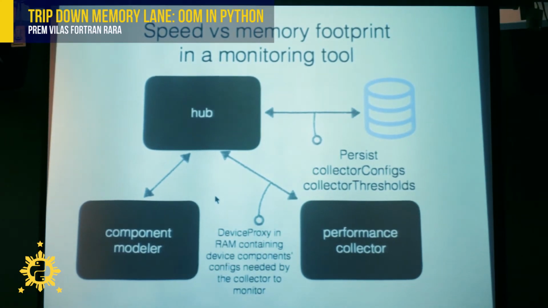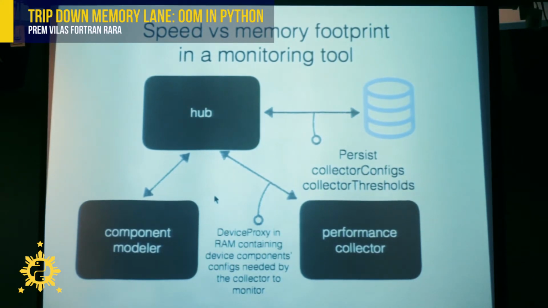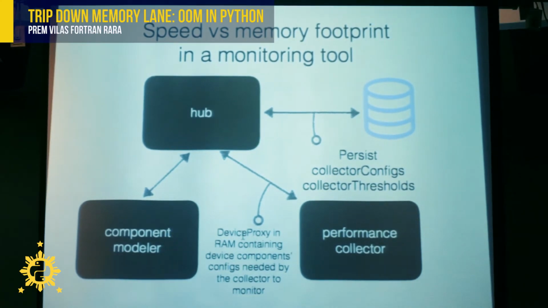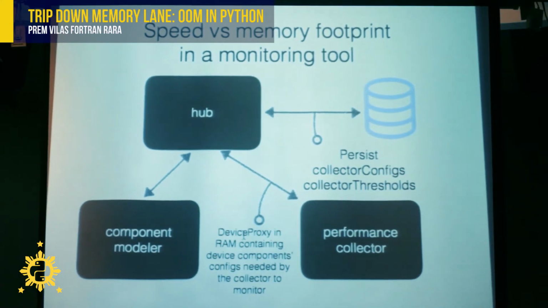Now here's the problem that we encounter. Just before collection, just before the performance collector kicks in, it creates a device proxy with the hub.